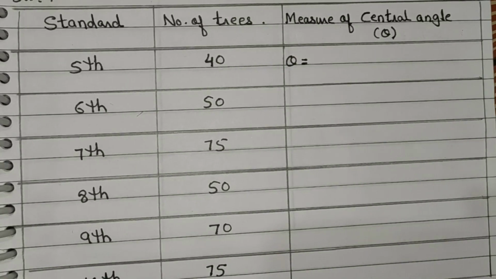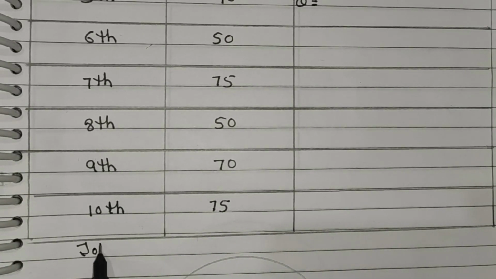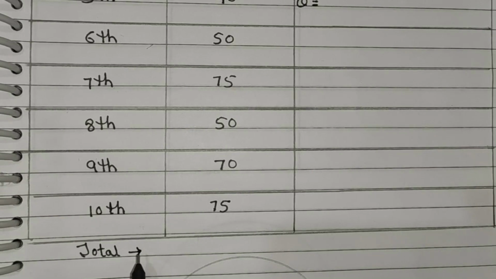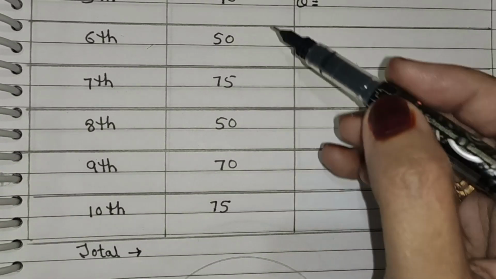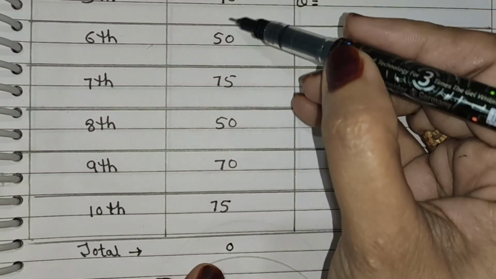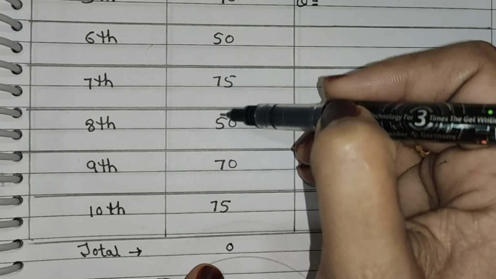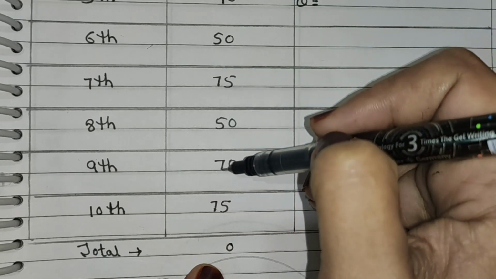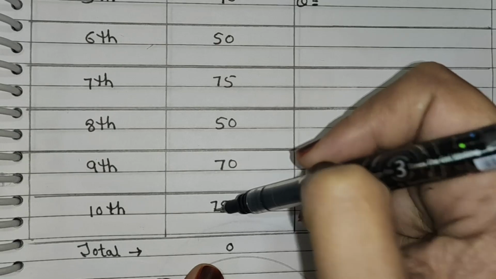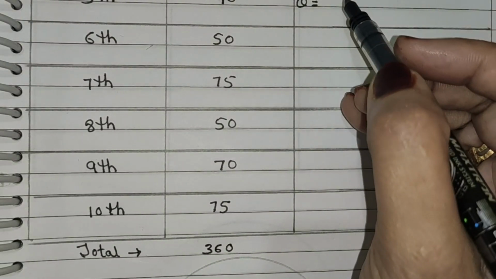Now first find out the total of number of trees, means total number of scores here. 5 plus 5, 10, 0, carry 1. 1 plus 4, 5, 10, 17, 22, 29, plus 7, 36. Now we get here 360.